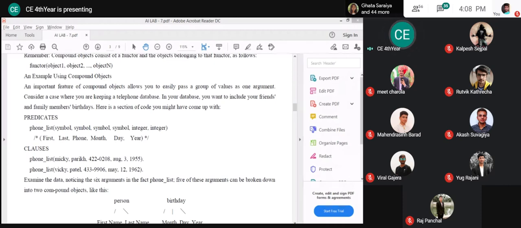Some of the students have not submitted lab 4 and lab 5, right? I will not tell the name of that particular person, but all of you know which particular student has not submitted the lab. Please submit it on time, everyone. It will affect your term work marks, right?